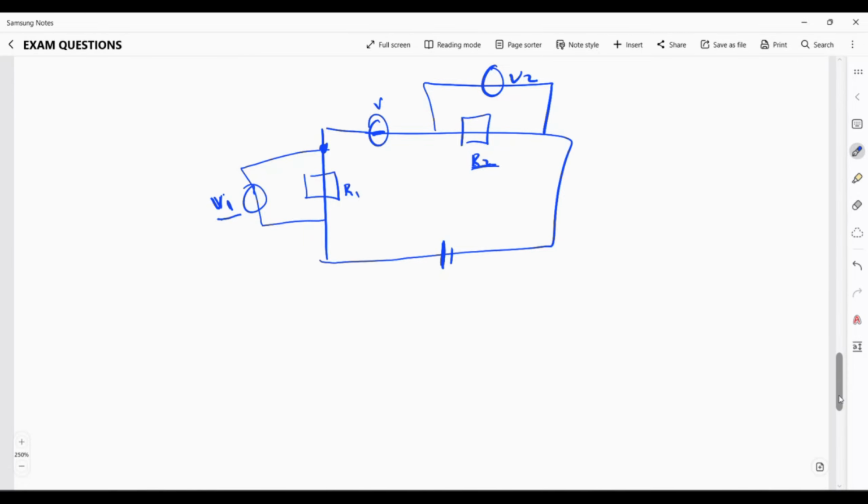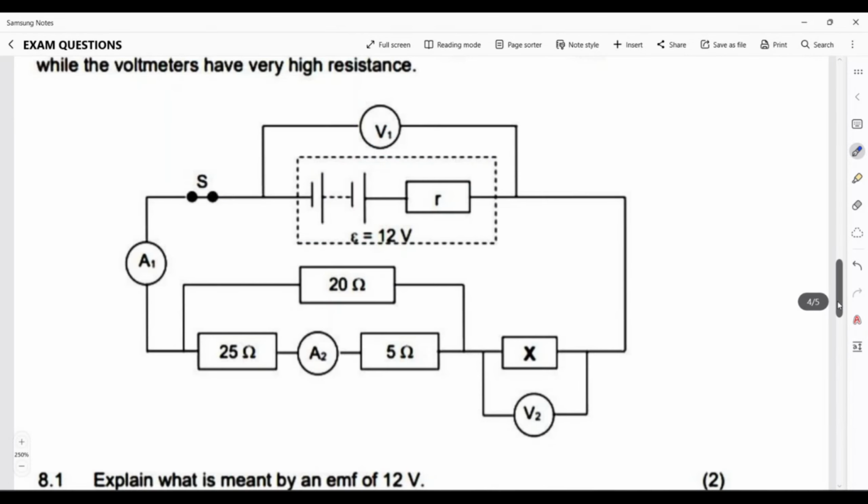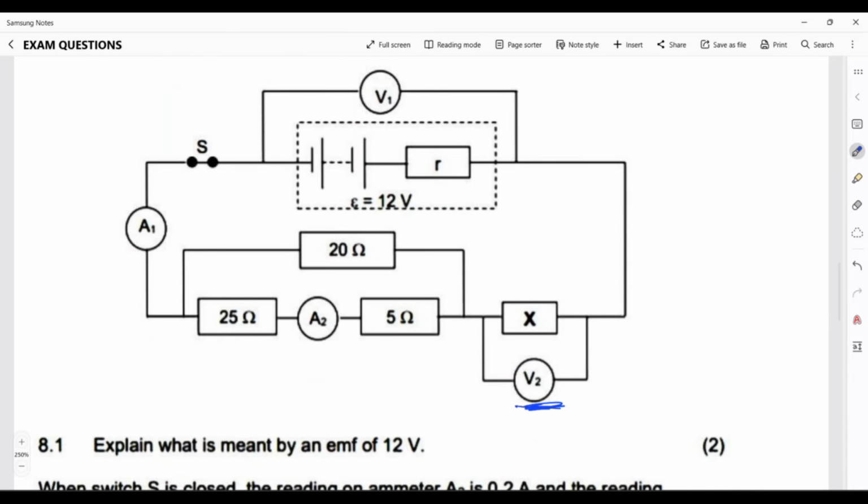Let me see if I have any other diagram. Yes, V2 in this diagram is measuring the potential difference across the resistor X over there. But my V1 over here is actually measuring the voltage that is distributed or being delivered to the external circuit.